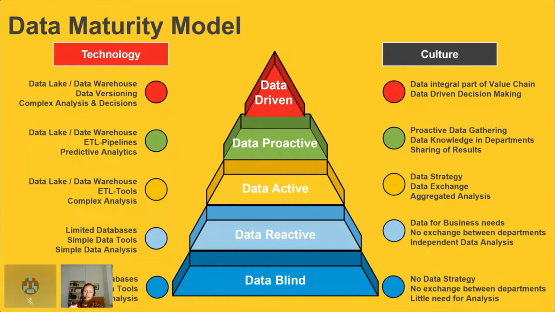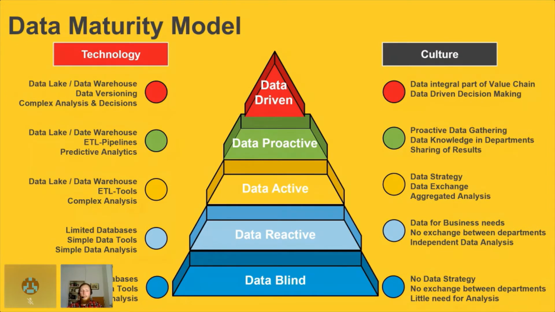This level is built up, as you can see, as a pyramid from the ground up to the top. Lowest levels mean that they have the most challenges with data, and the highest level means that they gain the most value out of data. This model is divided on 2 dimensions, which is important to distinguish, because one is technology and the other is organizational culture or team culture.